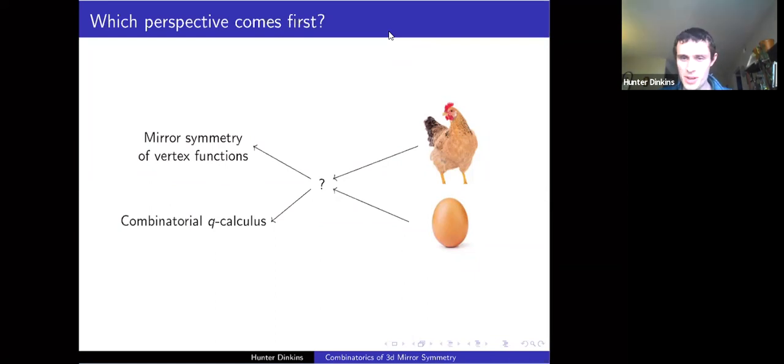In general, you could hope that as 3D mirror symmetry is better understood, methods could be developed that will allow us to reverse this perspective: take mirror symmetry, have some general statement about what it does, and then reduce it and actually obtain theorems rather than conjectures that you have to prove some other way.